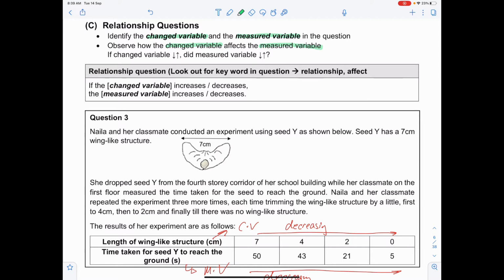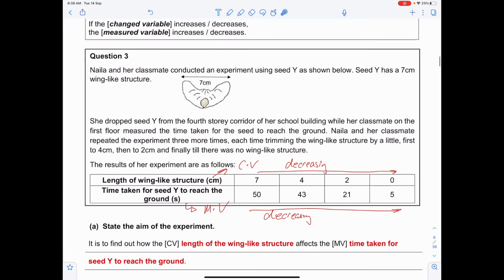And vice versa. So this is the framework on how you can craft your answer. If the change variable increases, the measured variable increases. Or if the change variable decreases, the measured variable increases. So basically, this is a framework of how you can craft your relationship questions. So let's look at an example.